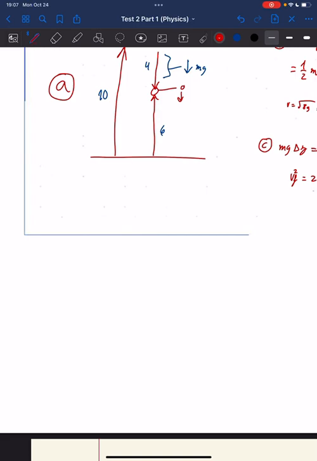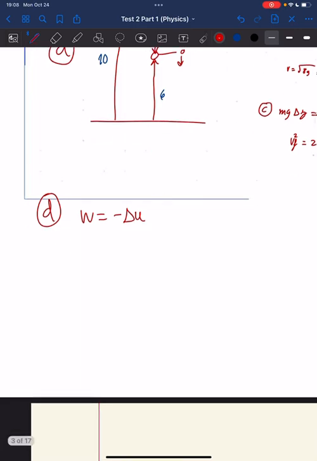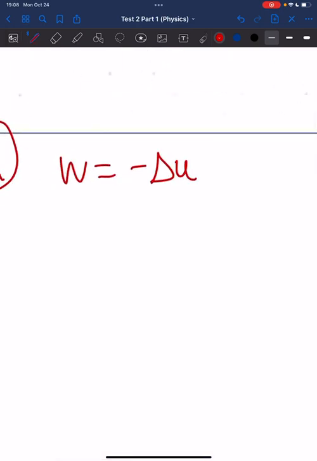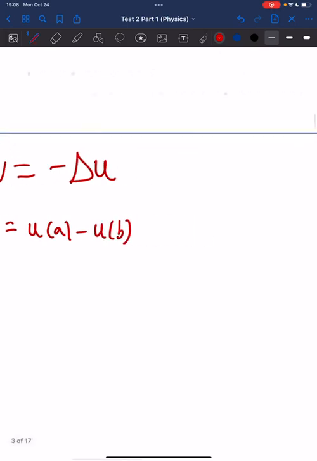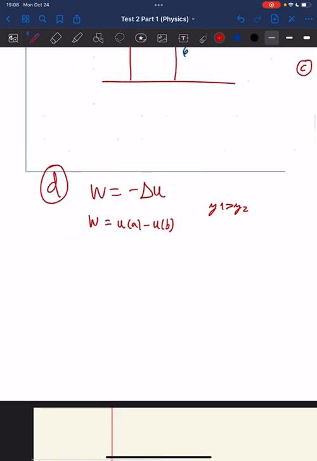So D. The work equals negative the change of U. We're going to use U as potential energy, and we said we had two different y's. We're going to call the y's A and B. In this case, y1 is greater than y2.